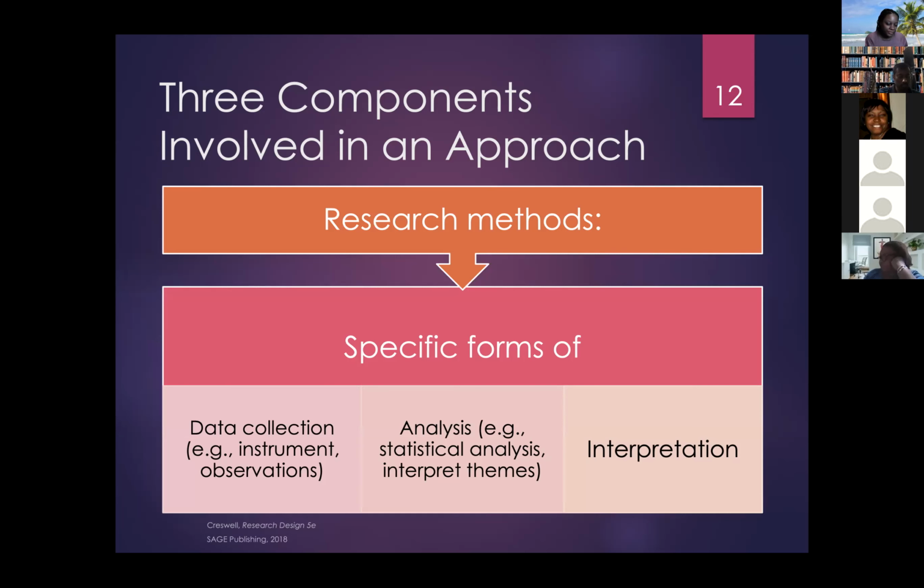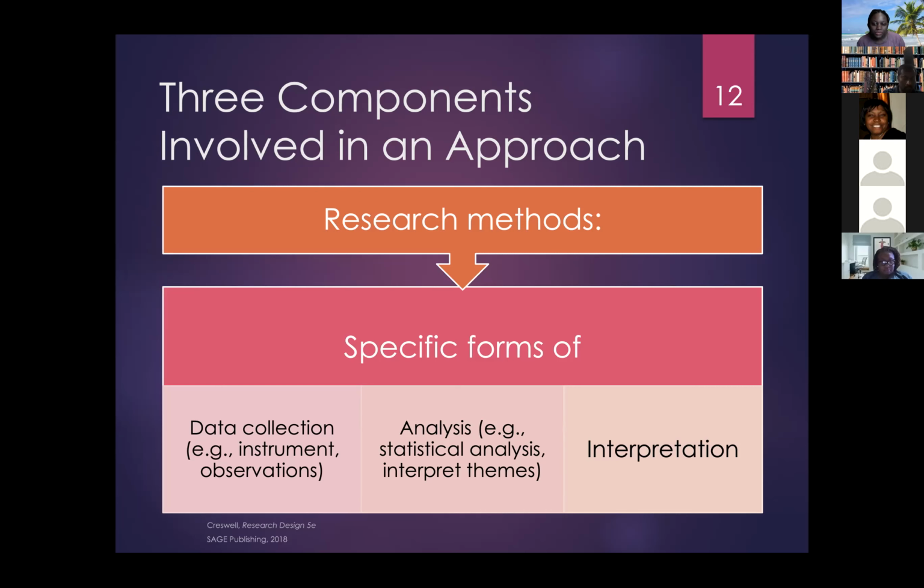It goes from data collection, where you have to talk about your instrument, what instruments you're going to use, or what observations or interview protocols, or the types of participants and the settings, or your population description, all of that is connected to data collection.